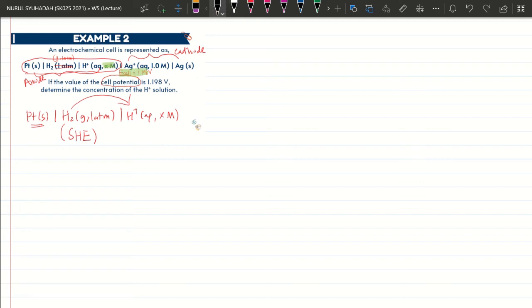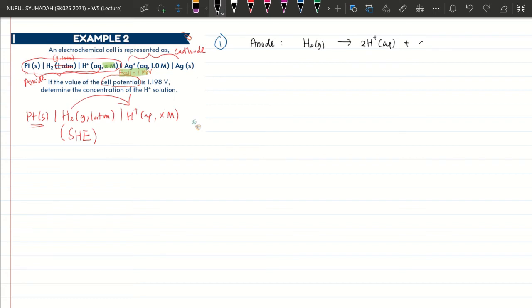So now let's write down the equation. I just label this as step 1. Anode, we will have H2 gas to produce 2 H+ aqueous plus 2 electrons.